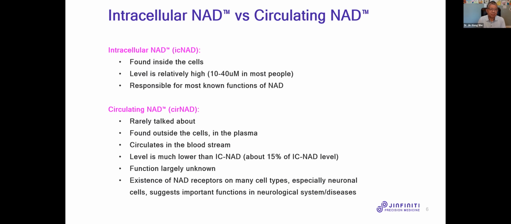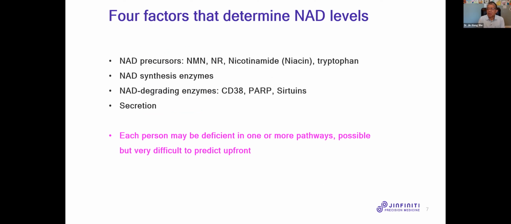And so there are a number of factors that can determine your NAD levels, and I have listed 4 of the most important ones. First of all, NAD is made from building blocks or precursors, and there are quite a few precursors on the market.